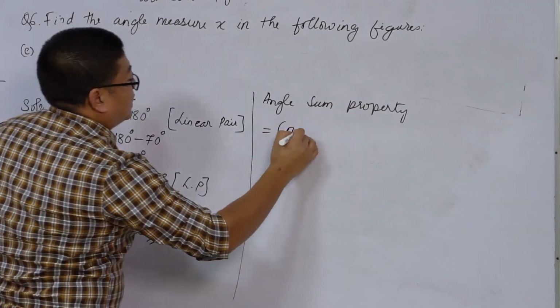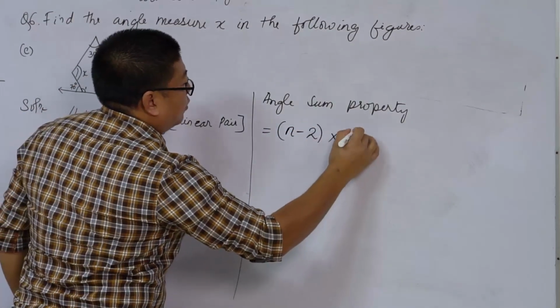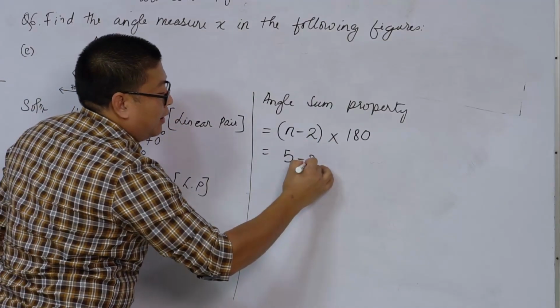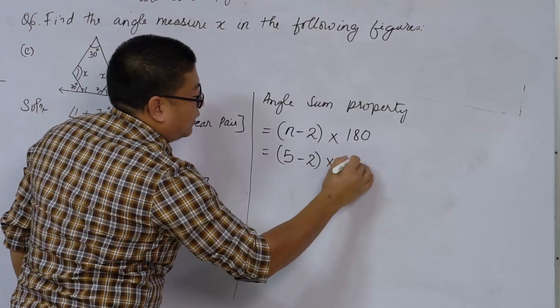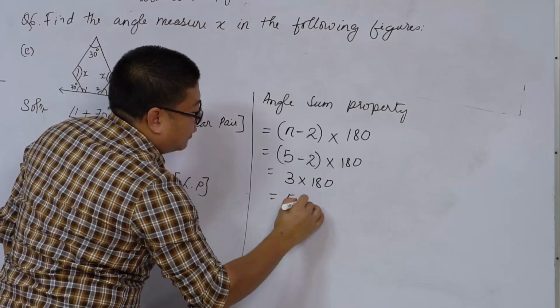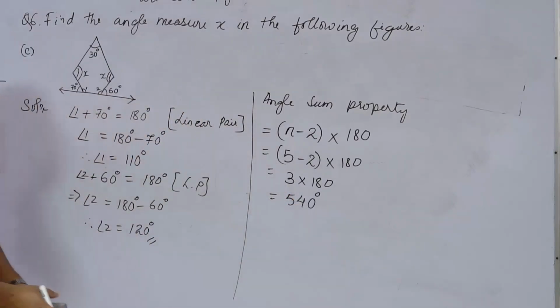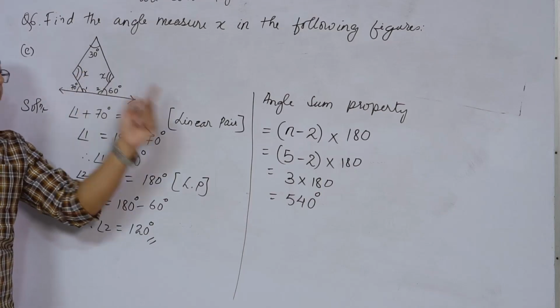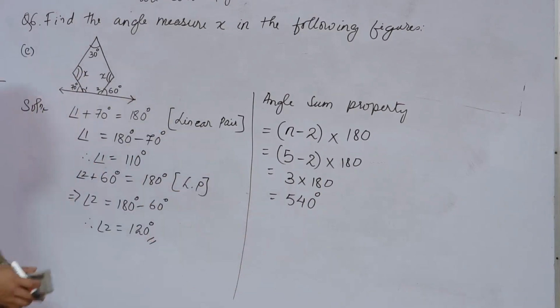So we use n minus 2 into 180. There are 5 sides, so n will become 5. 5 minus 2 is 3, so 3 into 180, we get 540 degrees. That means the total angle sum of this particular figure is 540 degrees.